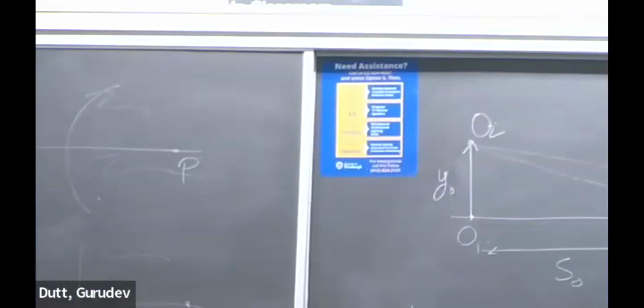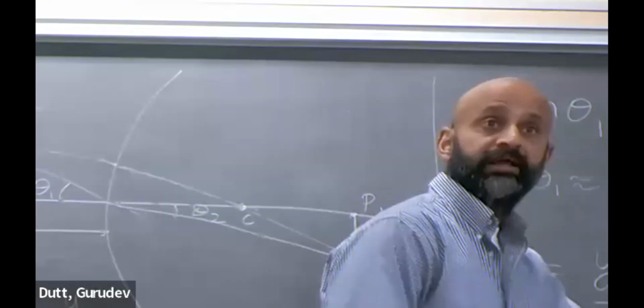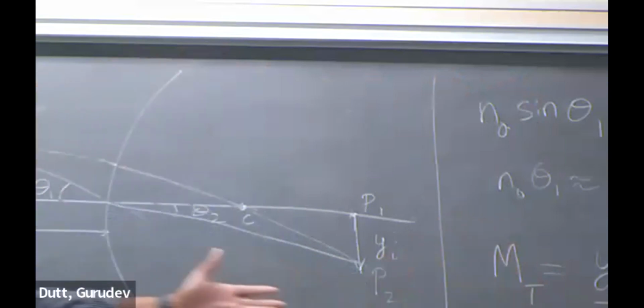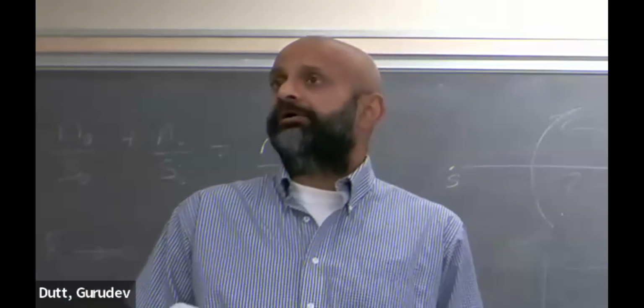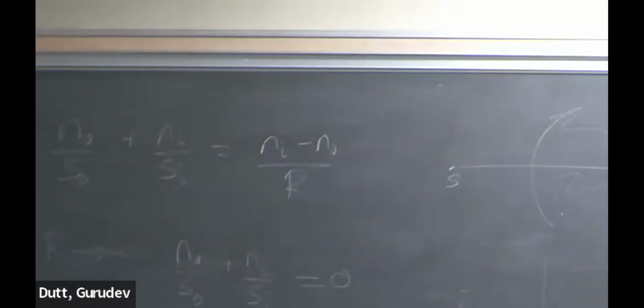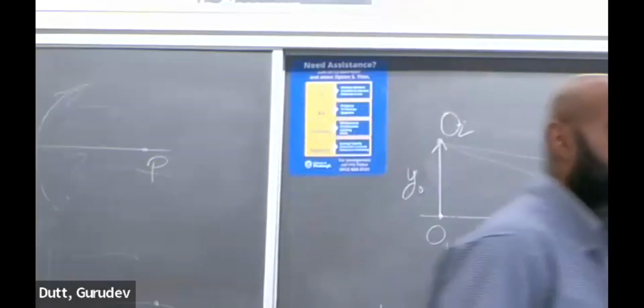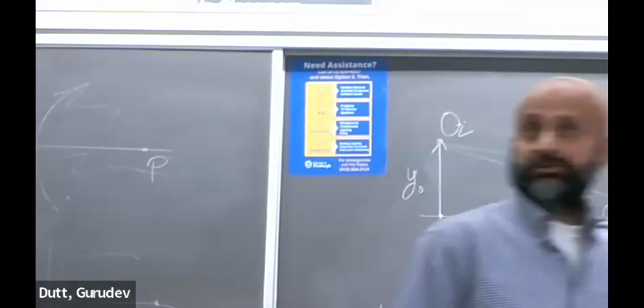So Si is positive in this case, So is positive in this case. Therefore, this number must be negative, right? This magnification will be negative. Whether it will be less than 1 or greater than 1, we don't know. That depends on the surface and its parameters, but it will be negative. And what that means is that an object that's initially upright over here will be inverted when it is imaged.